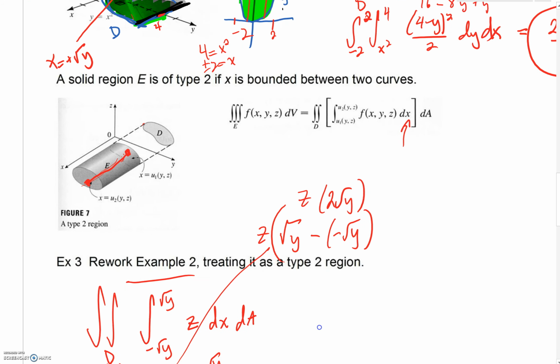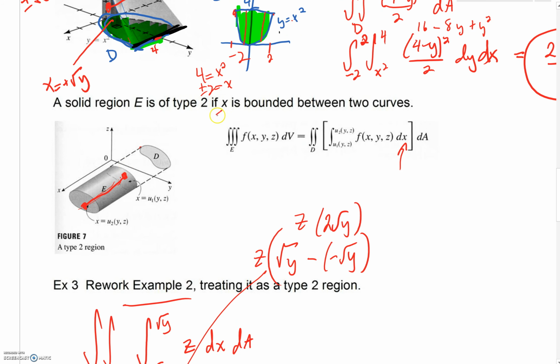Well, as we saw right here, if your boundaries are in regard to x, remember that your region D is going to get projected over the axis that doesn't have that variable x in it. In other words, it will be on the zy axis.